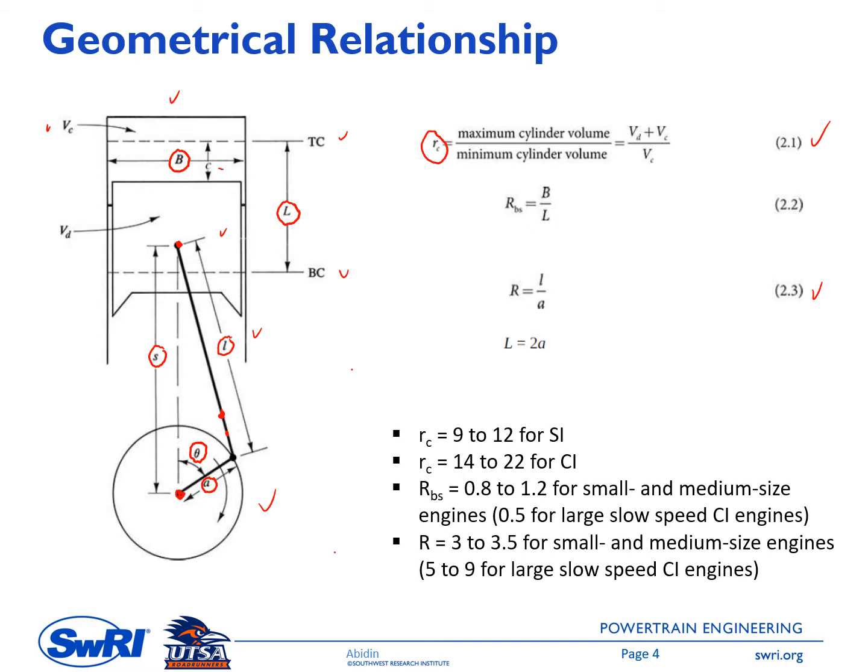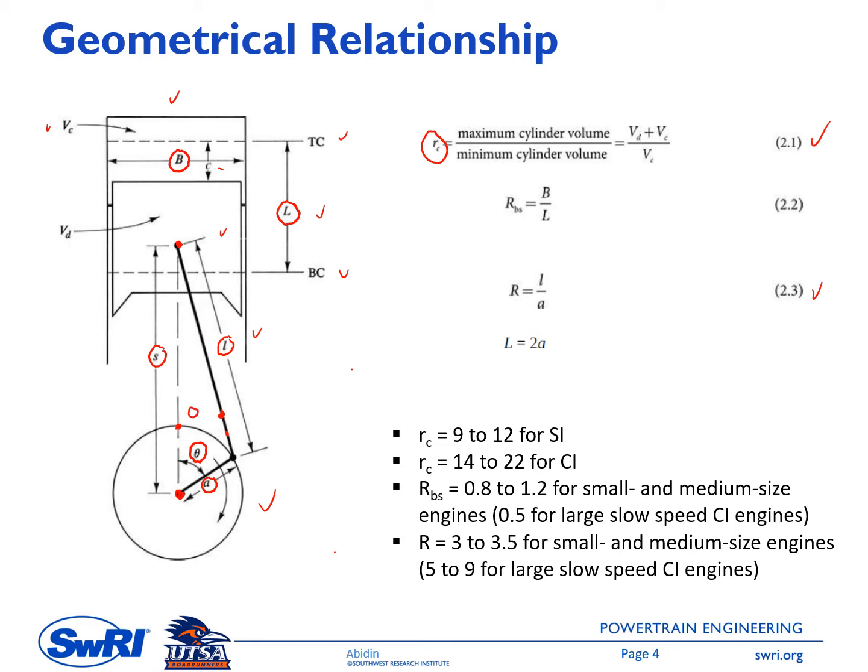Okay, and then you can see here from this crank mechanism schematic that L, the stroke, equals 2a. When the piston is at TDC, we have the position of the crank at this location. Let's call it 0.